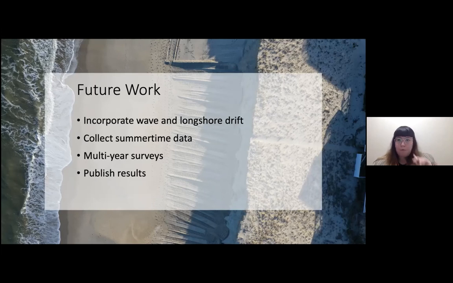But we're hopeful that we could collect this in the future. That way we can better understand where sediment is moving, if it's being lost or if it's just moving offshore in the system. And of course, multi-year surveys would be really useful for having a larger data set. And right now, we're also working on publishing our current results.